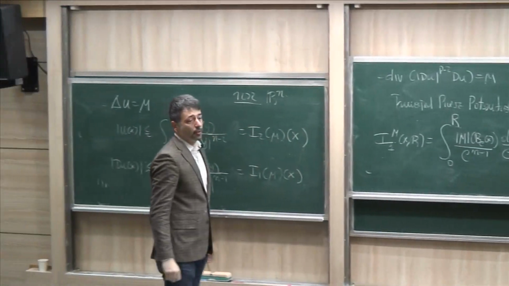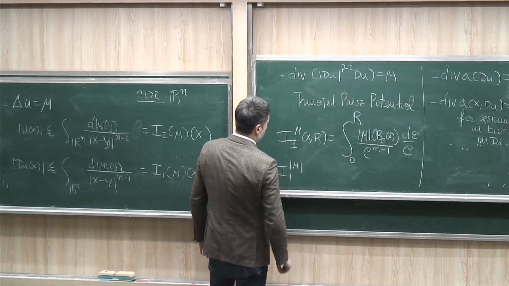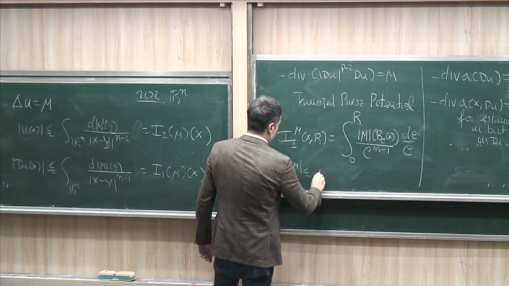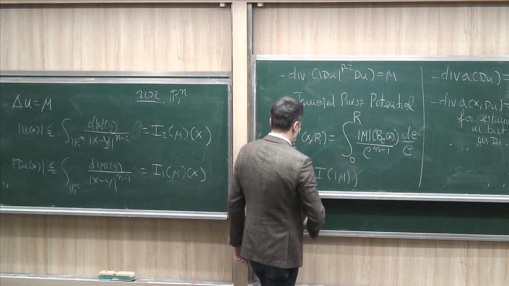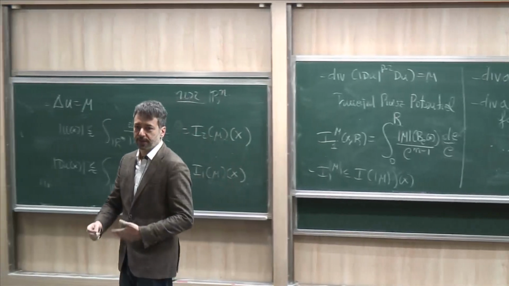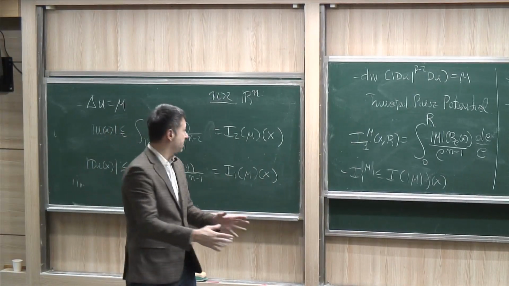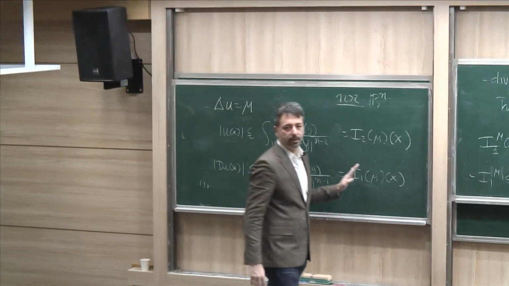And you can easily prove that this object is less than or equal to the usual Riesz potential at the point x. It's just a truncated version. You are reducing the domain of integration over the ball B_R. So this is a suitable object to get local estimates.